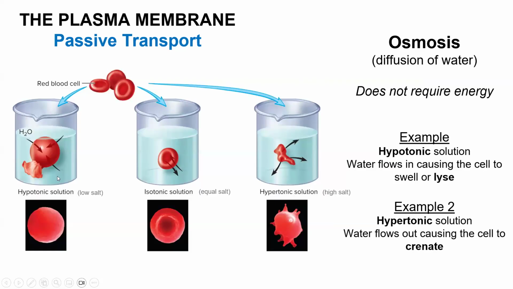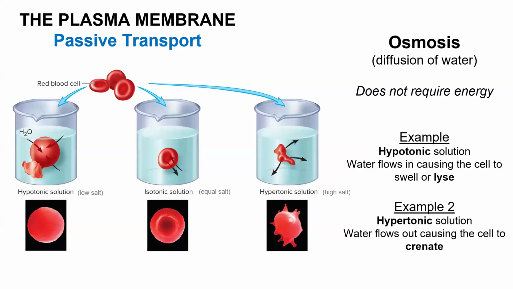In this case, we're putting our red blood cell into a solution that has a low salt concentration. So our red blood cell by default has a higher concentration of salt on the interior of the cell compared to the water. So we can't go from that higher salt in the cell into the water.